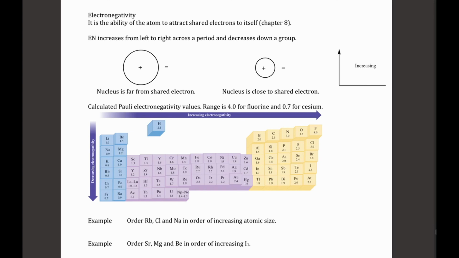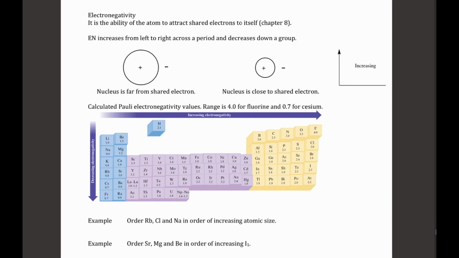Electronegativity, EN, increases from left to right across a period and decreases going down. So that is all, like these other ones, related to size.